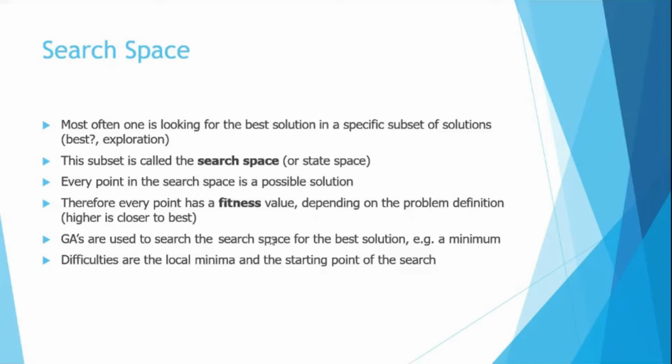The solution space can have a number of dimensions depending on the number of parameters for that solution, and a specific region within it is known as the search space or state space. Every point in that search space is a possible solution, a candidate solution.